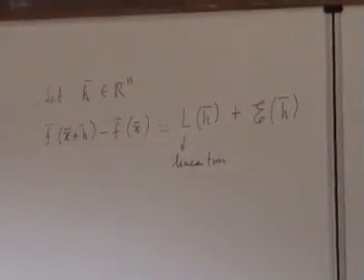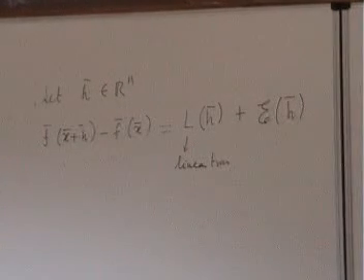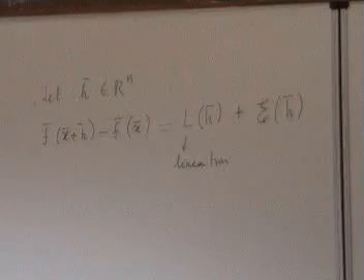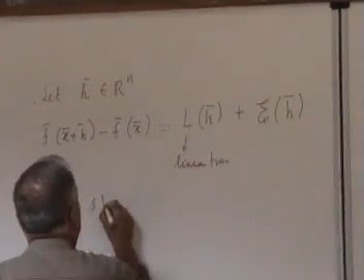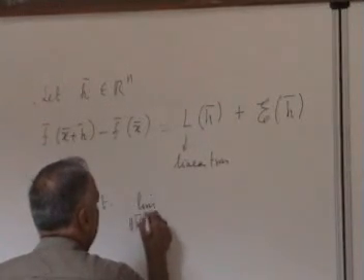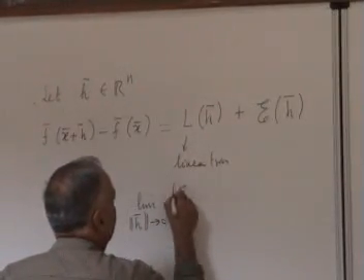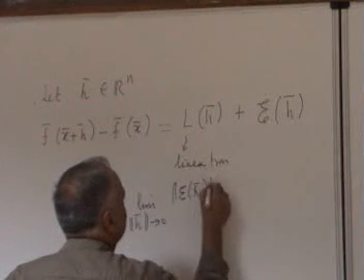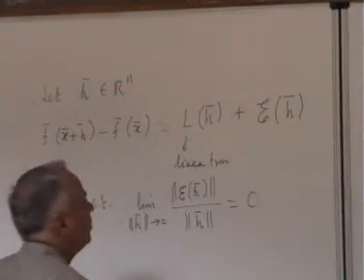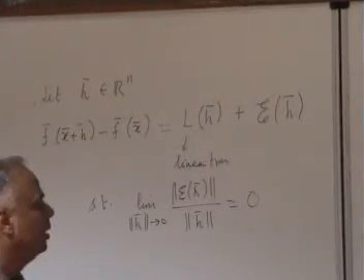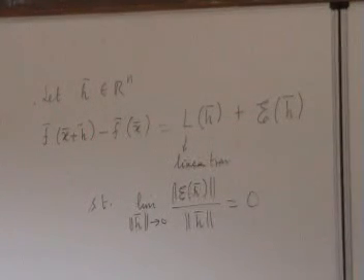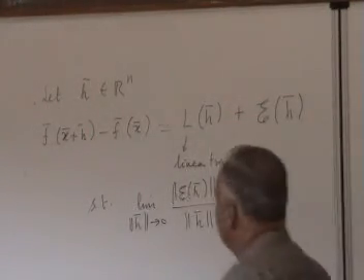So whenever I want to quantify, I will put the norm, such that the limit as norm h bar tends to 0 of norm E(h bar) divided by norm h bar is 0.